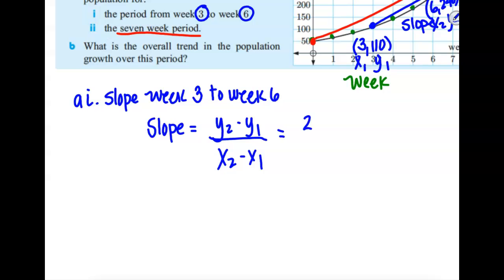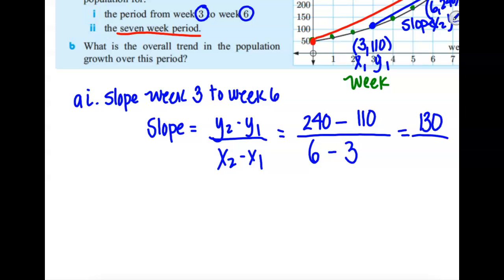So 240 mice minus 110 mice over 6 weeks minus 3 weeks. We simplify it. The numerator, 240 minus 110, is 130 mice over 3 weeks. So that would be as a fraction.